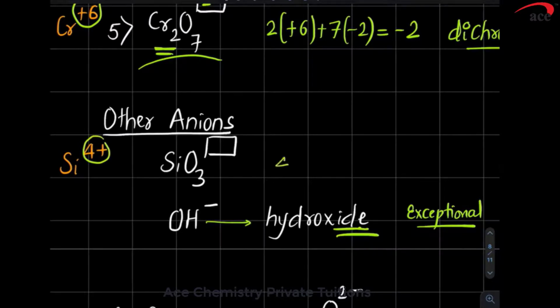So what is the charge here? +4 plus 3 times -2. So the charge will be what? Correct. 2 minus, and the name is silicate. So SiO3 2 minus is silicate.